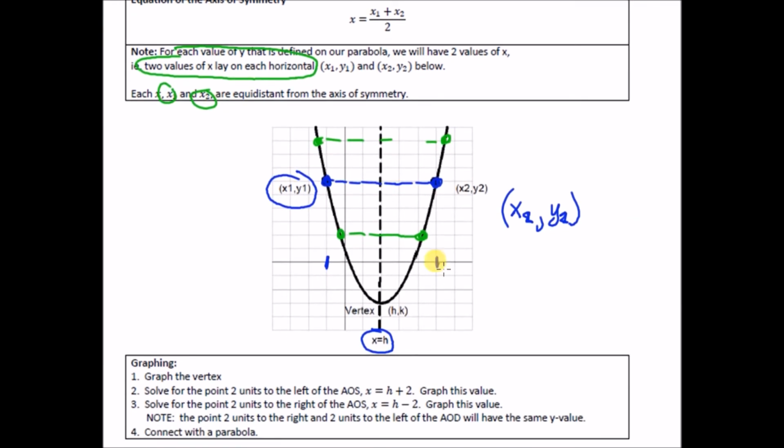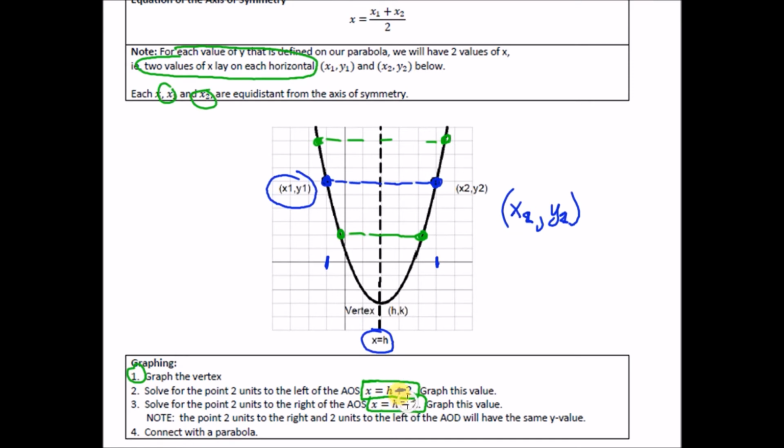Now, how do we graph this? First, we graph the vertex. Then we choose a point 2 units to the left of the axis of symmetry and 2 units to the right of the axis of symmetry, and we graph these values.